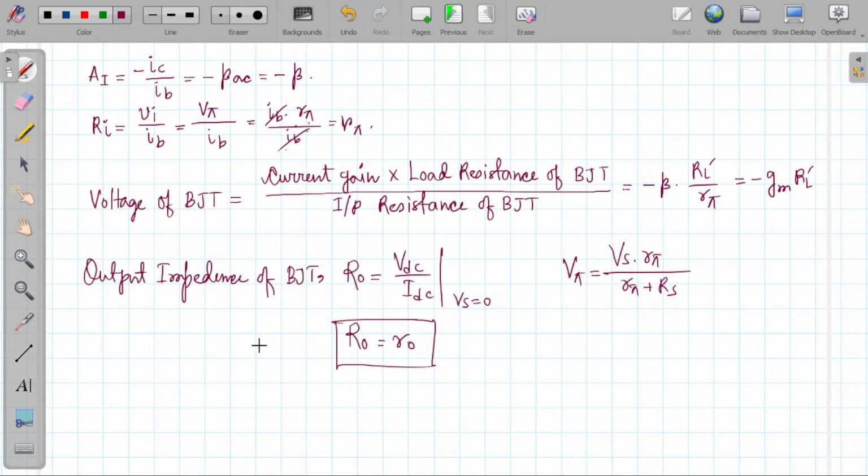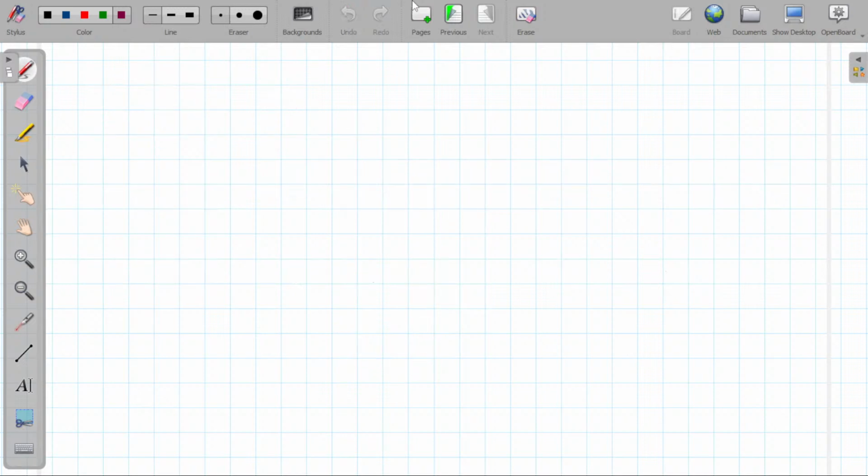Now similarly, the same thing can be done in the case of the common emitter with RE amplifier. Common emitter with RE means the circuit will look like this. This is the emitter, this is the collector, this is the base.